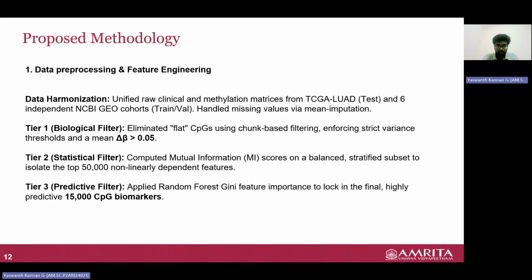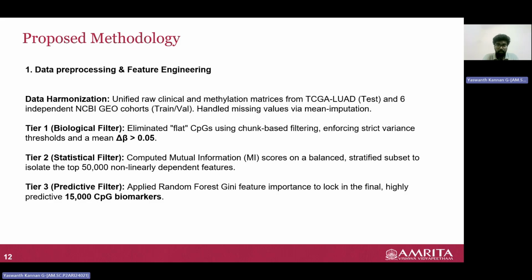Using this, we select the top 50,000 CpG sites per sample that are most informative for the classification. This stage ensures the statistical relevance of the CpG sites to the target label, whether it is cancer or normal.